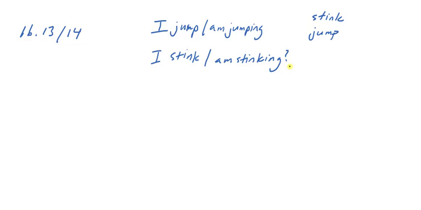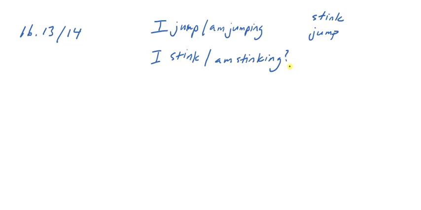Yeah, you're stinking at. But still, I think you would say to somebody, you stink at this, right? Not you are stinking at it. In fact, in my family, we don't use the progressive form of stink in this way unless it's associated with an action: passing gas. Oh, who's stinking in here? That means who's been passing gas.